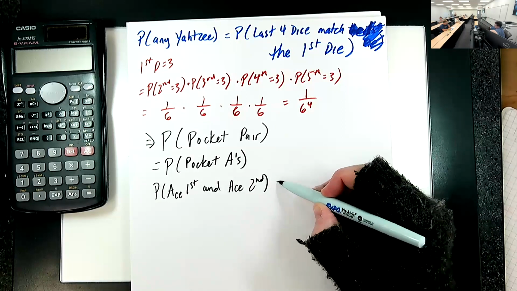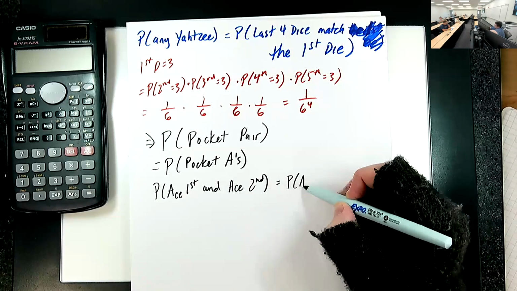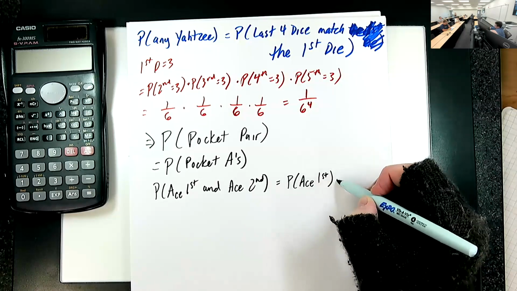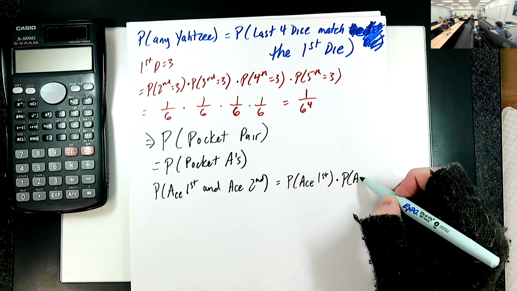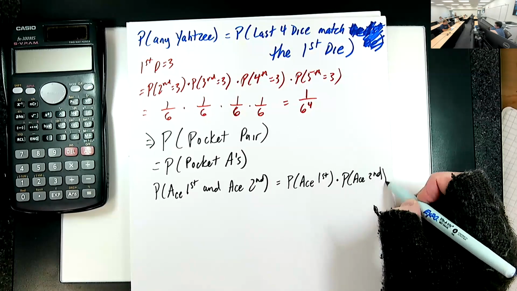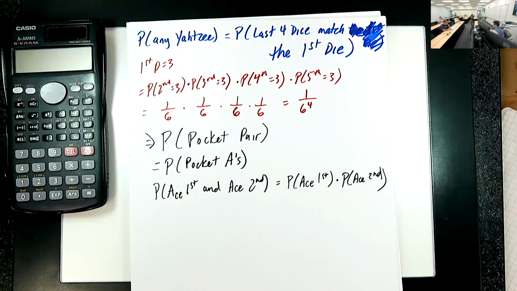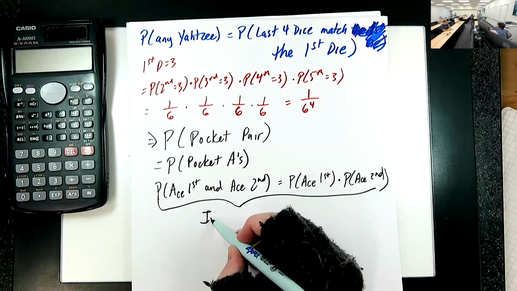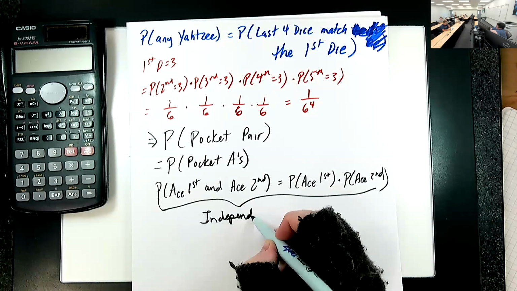And we just showed that was multiplication. But this formula right here would be for independent events.